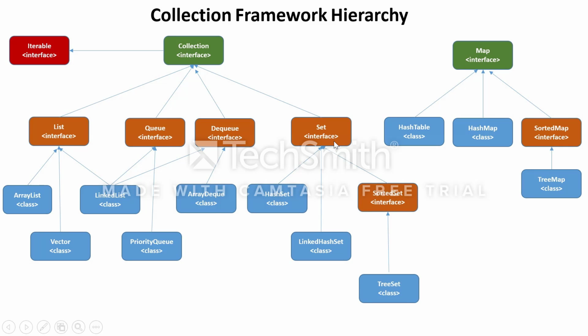When you implement an interface, you have to implement all the methods of the interface, and everyone knows the concept of interface. SortedSet is an interface. In SortedMap we have TreeMap, which is a class.